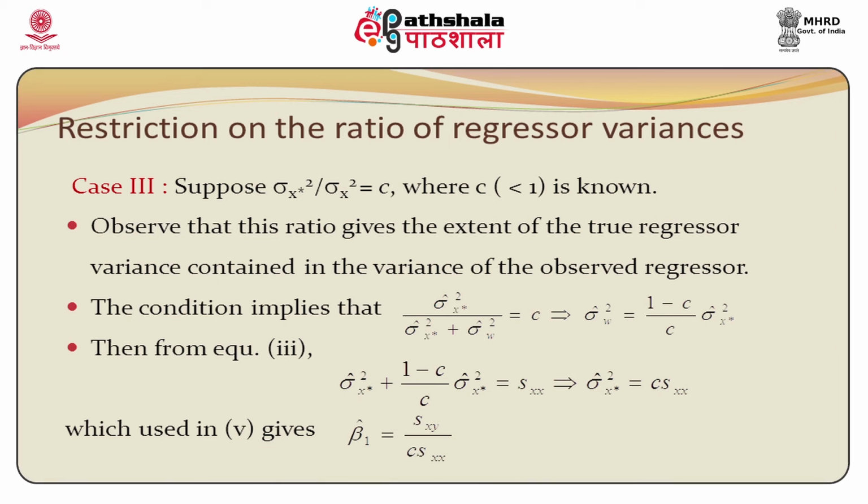And from 4, or in this case rather it comes from 5, beta 1 hat with the sigma x star square already obtained comes out to be sxy by c sxx. So, once we have got beta 1 hat, we can get the other parameters as before, and hence we can get estimates of all the 6 parameters.